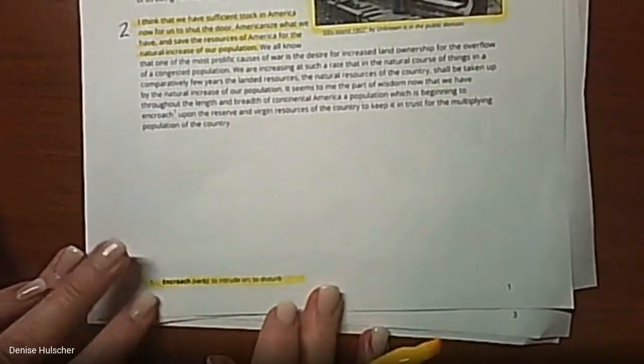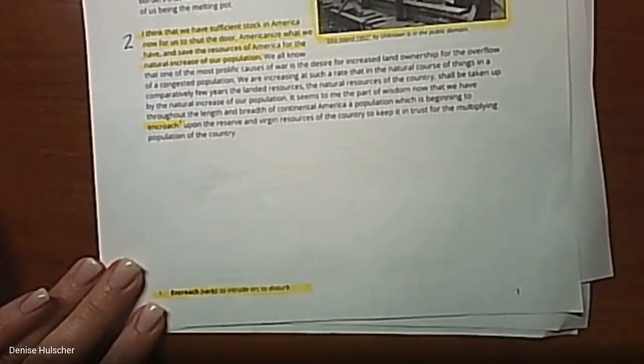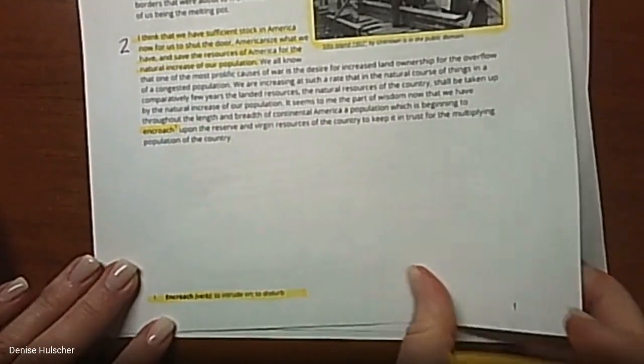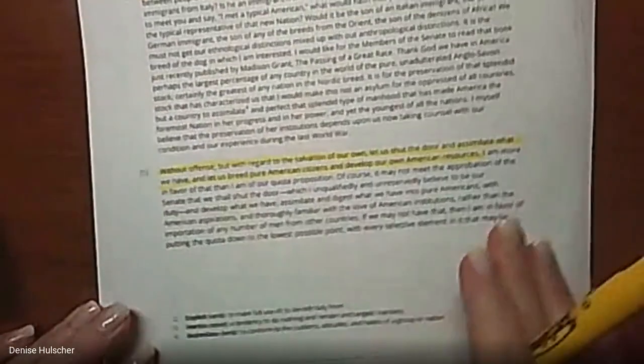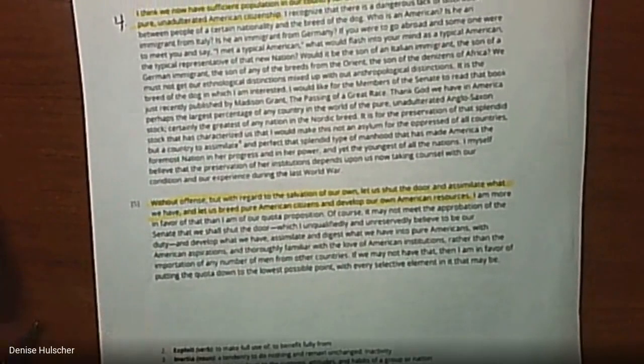So this first one, you'll notice that there's a little 1, that's right, encroach. So to encroach, to intrude on, to disturb. Okay. Number 2, I have exploit. And then I have inertia and assimilate.